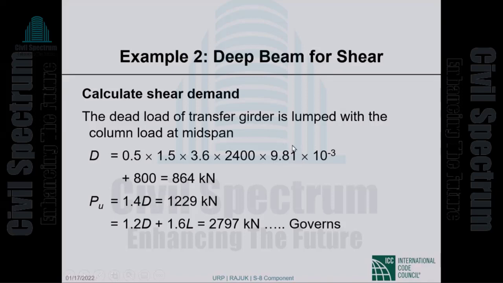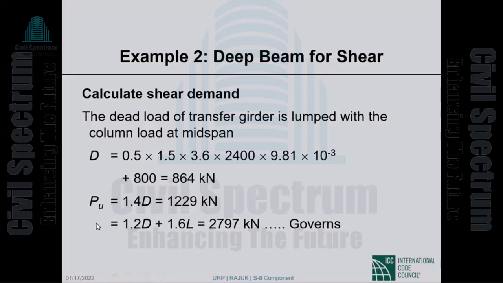This is in meters per second squared. And so that is the total weight of the transfer girder in kilonewtons, plus 800 coming from the column, for a total dead load of 864 kilonewtons.